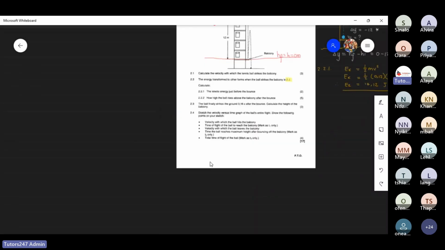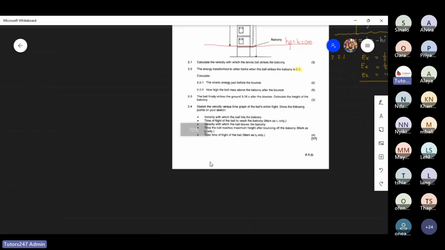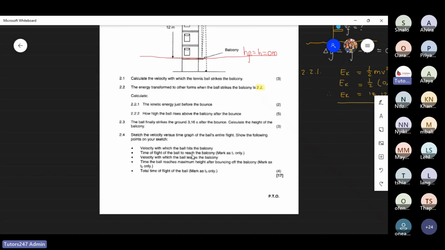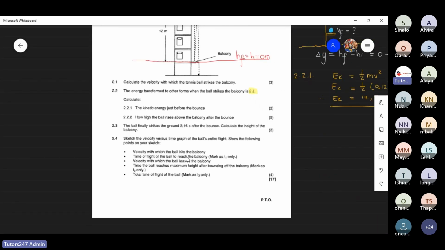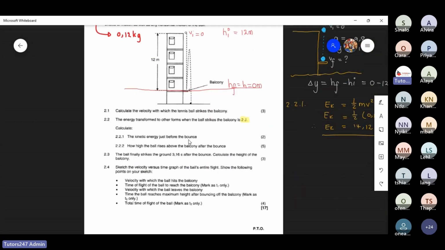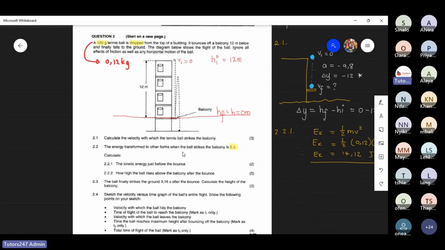2.2.2. So we've got question 2.2.2 that states how high the ball rises above the balcony after the bounce. So we need to calculate how high does the object rise above the balcony.